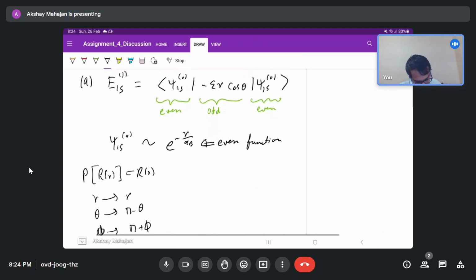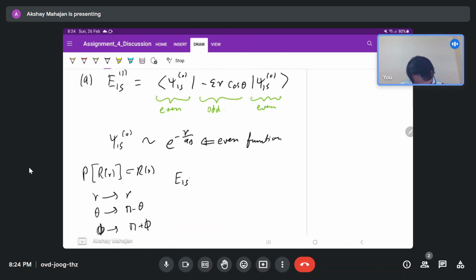For this case, we can get this integral in some form. So what we will get is some minus epsilon times some integration from 0 to infinity r square e to the power minus r upon a_B, and then you will have a potential r dr. This r square comes from the integration d tau.